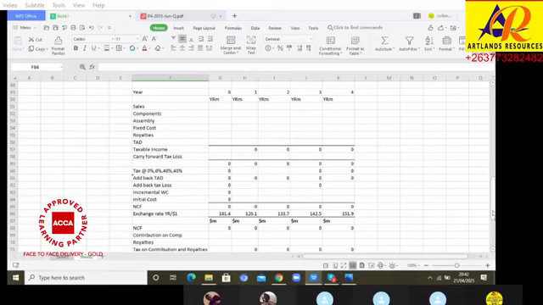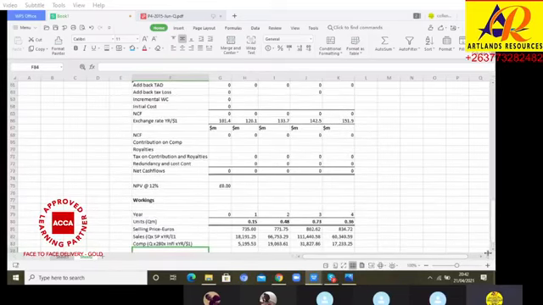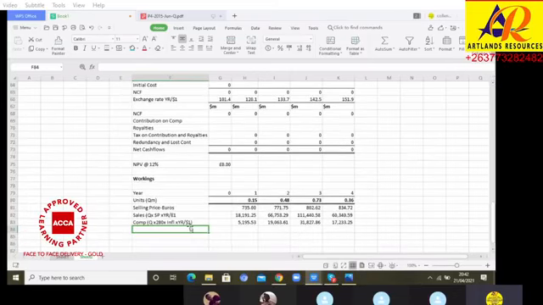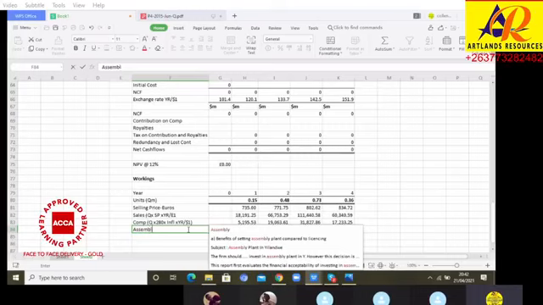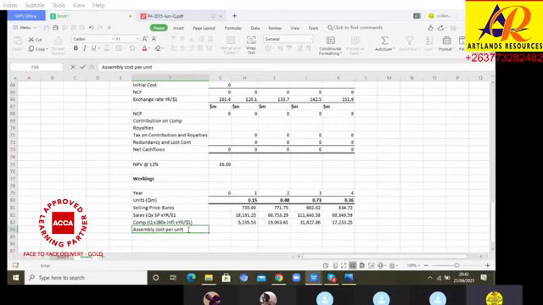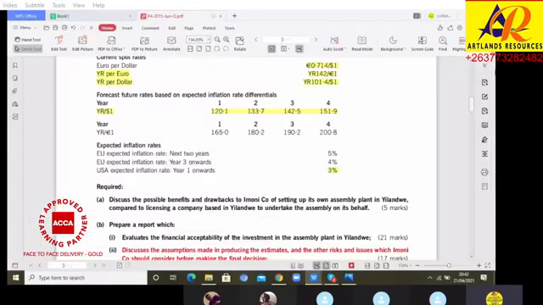Then assembly. Let me first have the assembly cost per unit. I get it again from where I was reading.